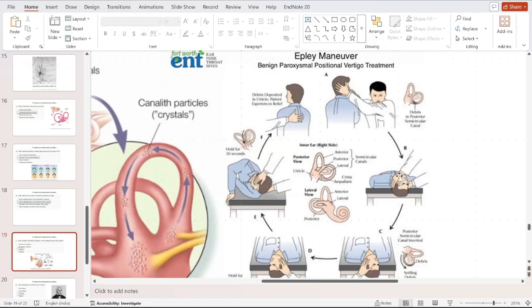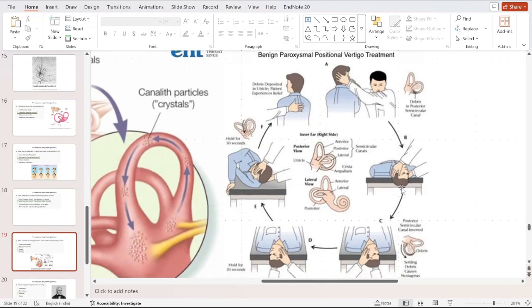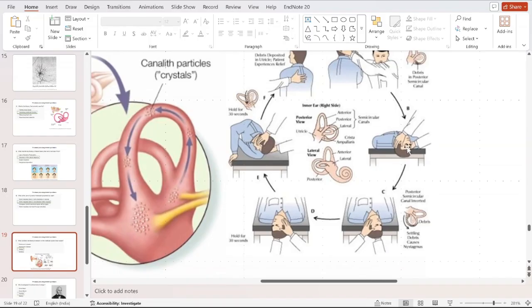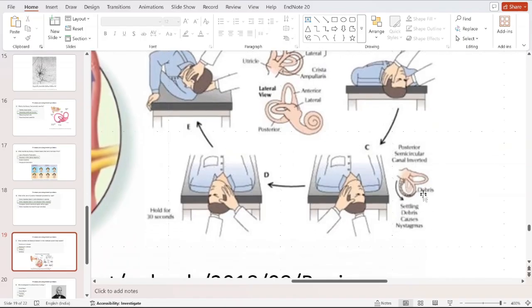So when the patient is made to lie down, their head is tilted to the right, and that causes the debris to settle, because the posterior semicircular canal gets inverted. And because of this settling of the debris, there is nystagmus. So basically, there's involuntary movements of the eyes.